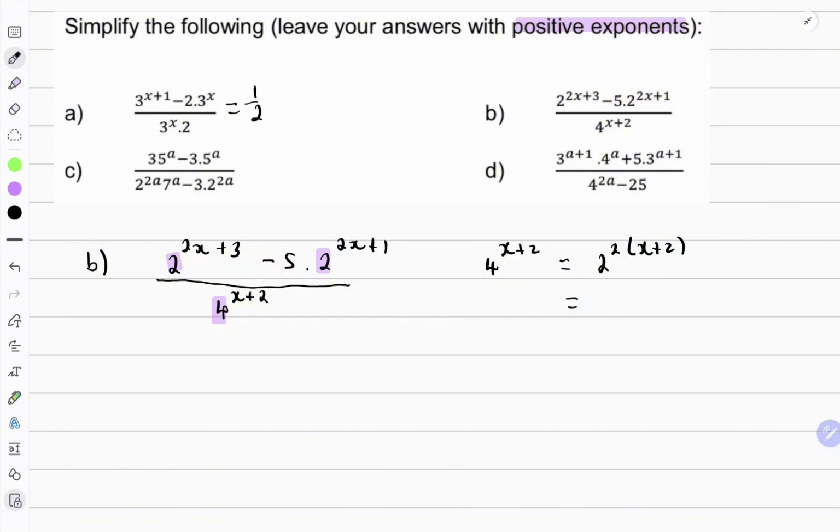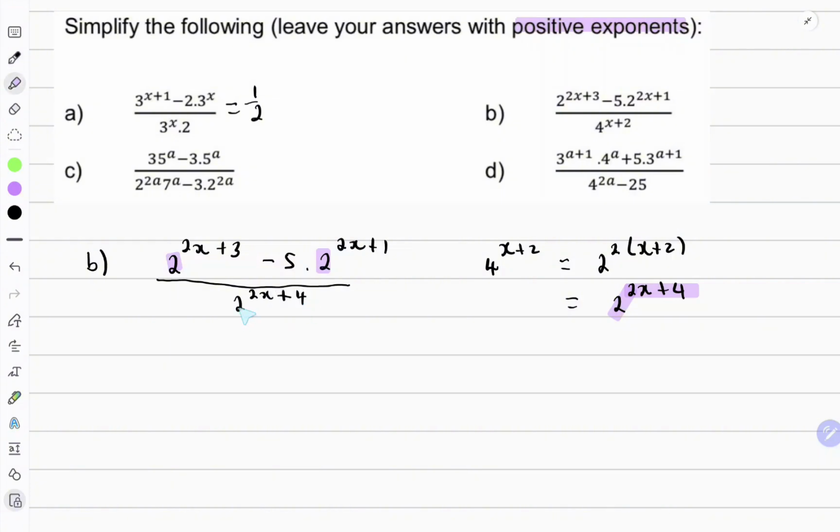And then when you expand the exponent, you'll get 2 to the power of 2x plus 4. So in essence, you can replace this whole denominator with this. So I'm just going to replace this here as 2 to the power of 2x plus 4.